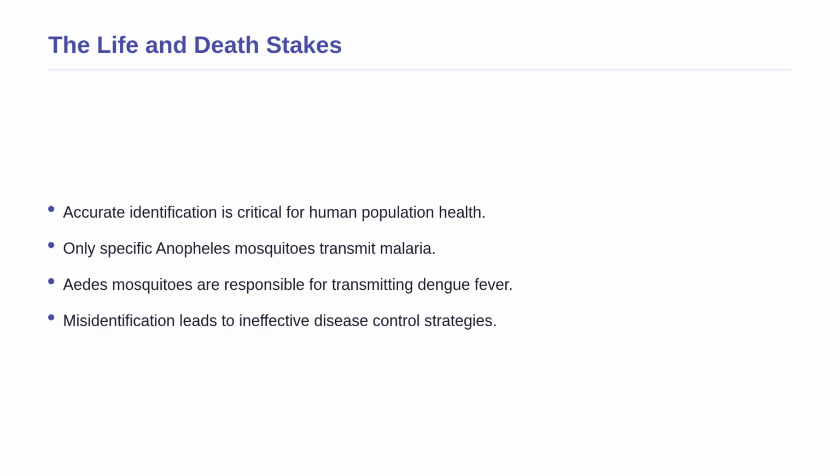You might be wondering why we need to be so incredibly precise about naming a tiny bug. Well, in the study of insect vectors and diseases, accurate identification is literally a matter of life and death for human populations. For example, only specific species of Anopheles mosquitoes can transmit malaria, while Aedes mosquitoes transmit dengue fever.